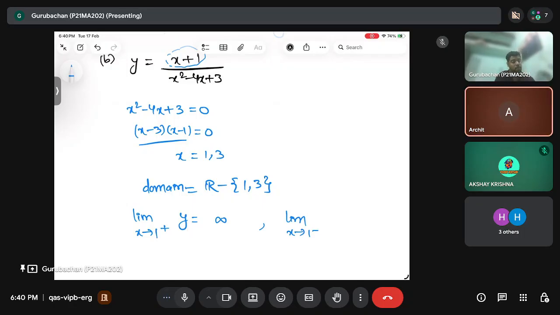Yes, sir. What if I would say it will also be plus infinite? Sir, at 1 plus it will be minus infinite, and at 1 minus it would be plus infinite.